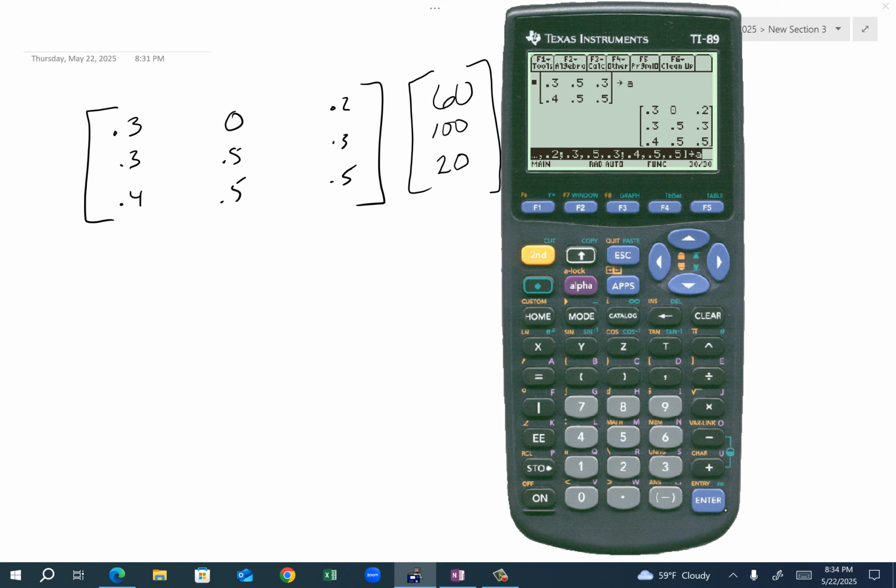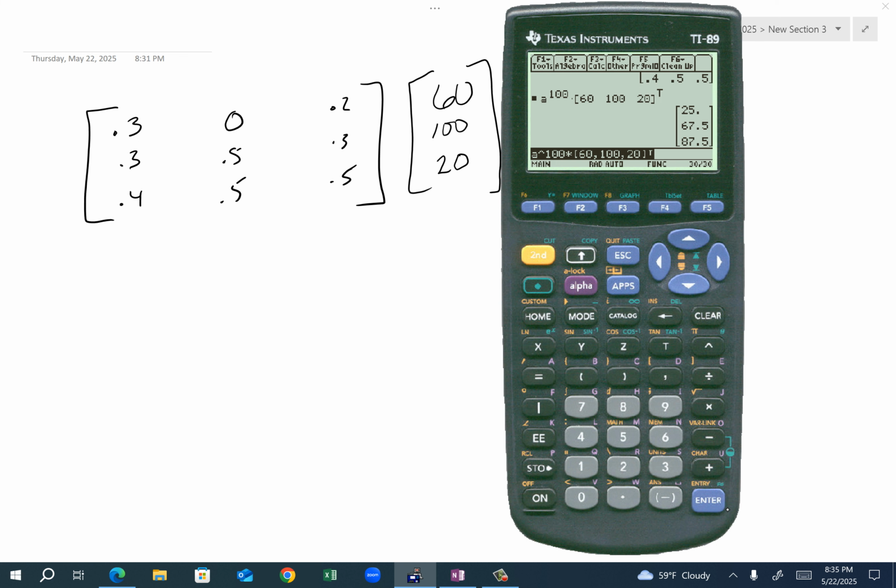And then I'm going to take A to the 100th power, because I feel like it, times this fella, 60, 100, 20. Boom. And lo and behold, we get that, baby.